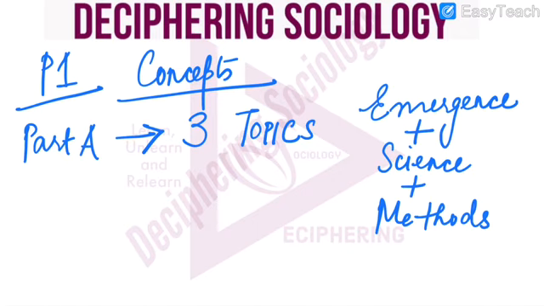Sociology is a research discipline, a social science, but here we have to stress on the research aspect also. So, in part A of the concepts, you have to read about the emergence, then its journey as a science, and the methods that are there in sociology or which are used by different sociologists.